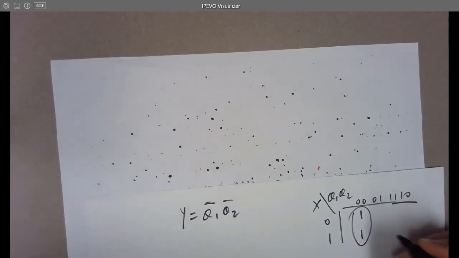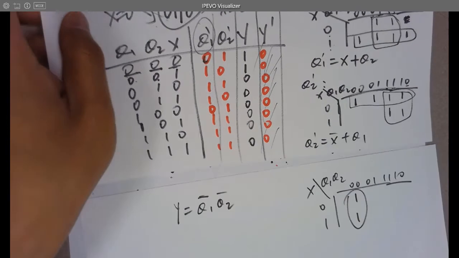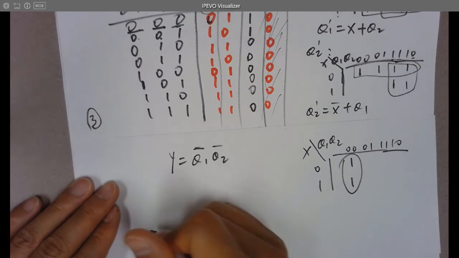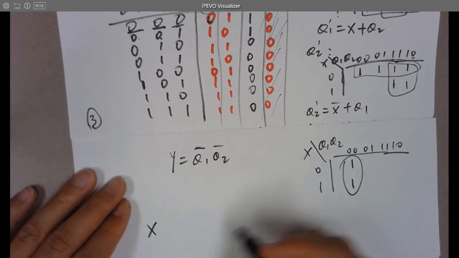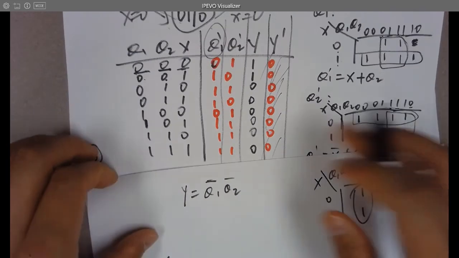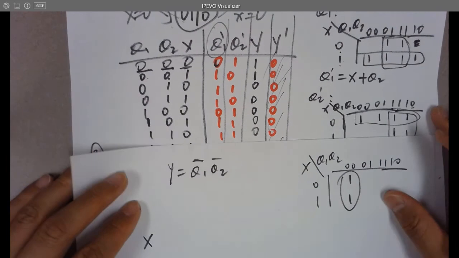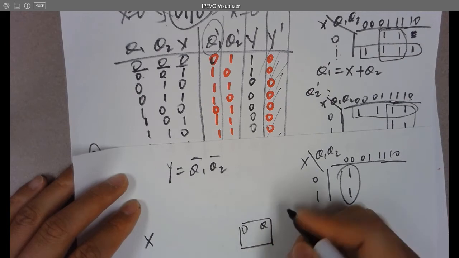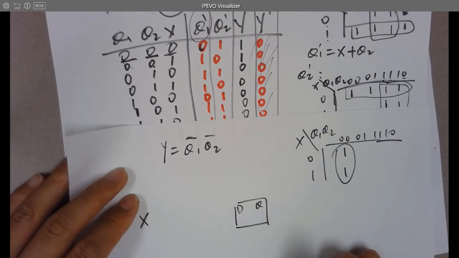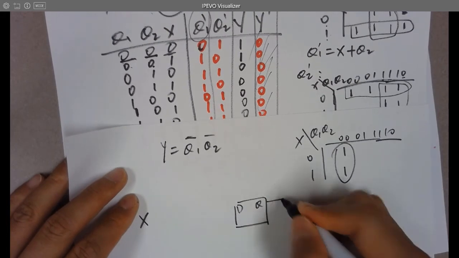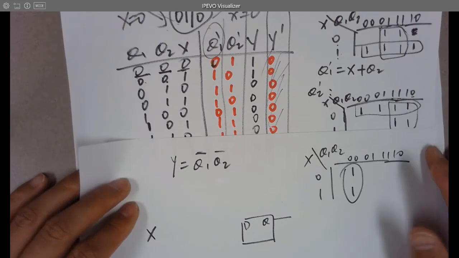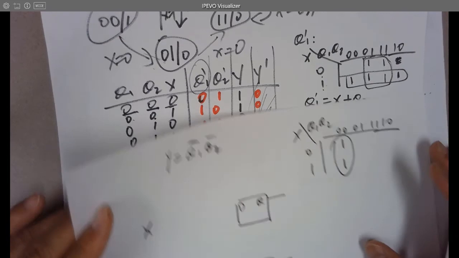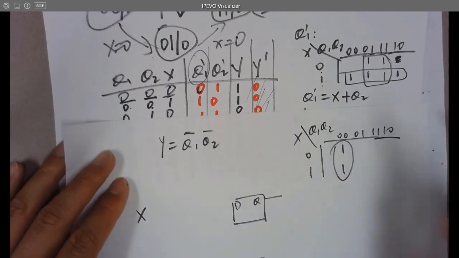So if we have all these logic expressions, can we get a circuit? The answer is definitely yes. Since Q1, Q2 have next state, you will need a D flip-flop there, right? Definitely. It serves to make a delay and have the next state. So let's get the first one. What is Q1 prime?